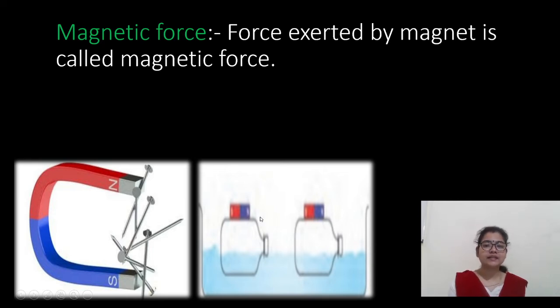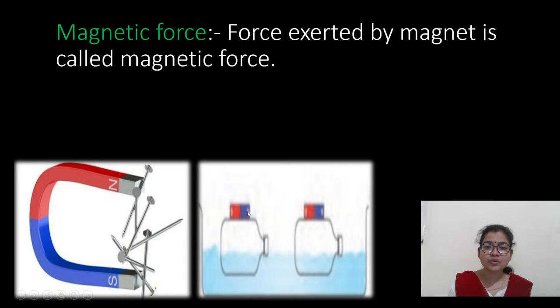You can see here, students, this is the north pole, because the red color shows north pole and this blue one is showing south pole. So this is north pole, this is south pole, this is north pole and this is south pole. So this north pole will attract this south pole and this bottle will move towards this bottle.